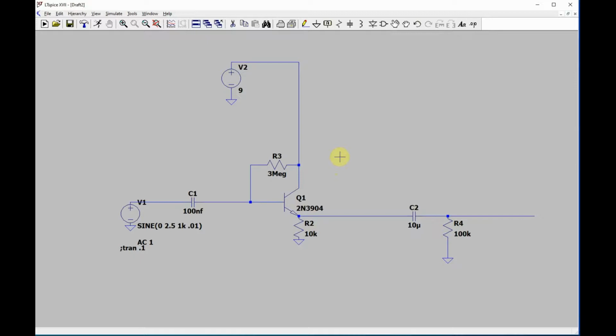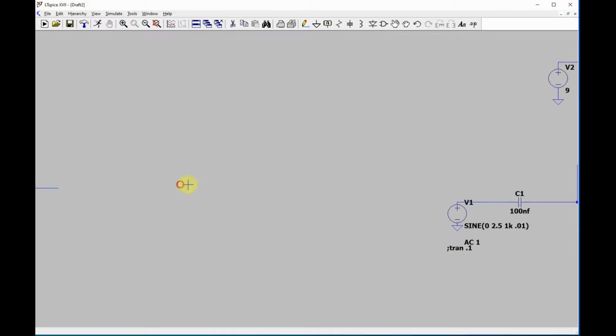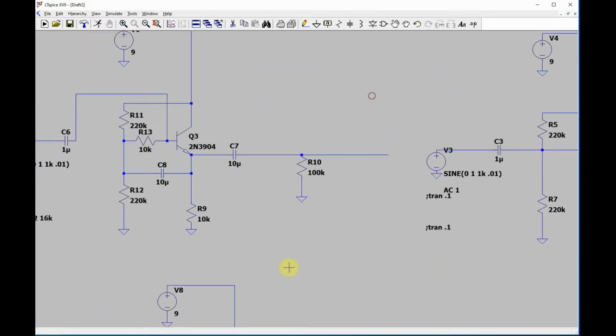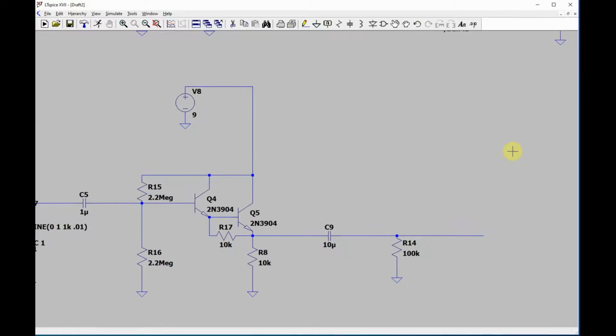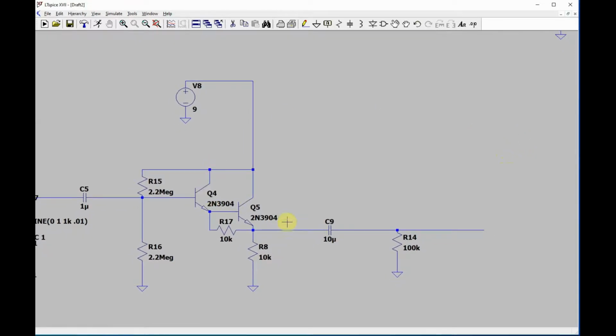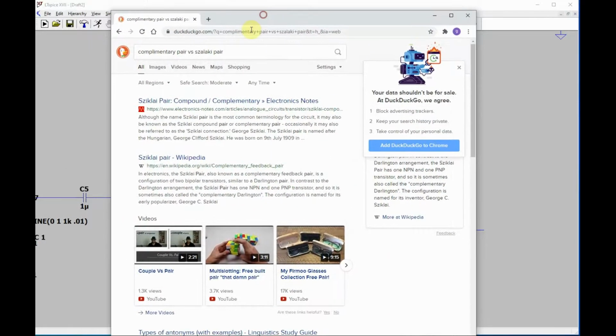Just since we're talking about it, I should mention there's a configuration called a complementary pair where you use a 3904 and then a 3906 in kind of a push-pull configuration, or a complementary pair would be actually more precise. And you can look this up too. It's really similar. And then there's also something called a Sziklai pair. I don't even know how you pronounce it, but see if I can sort of.